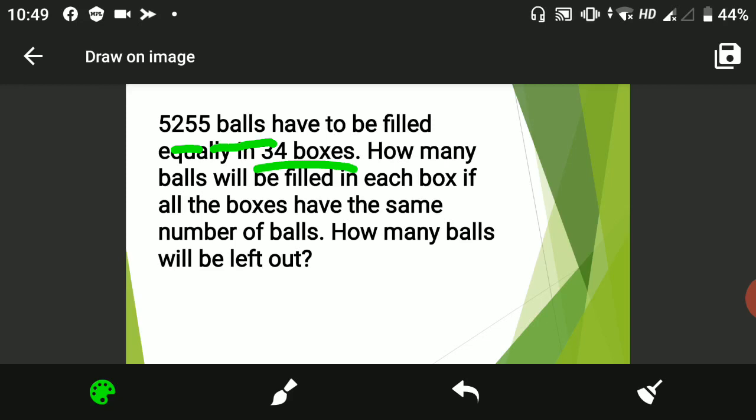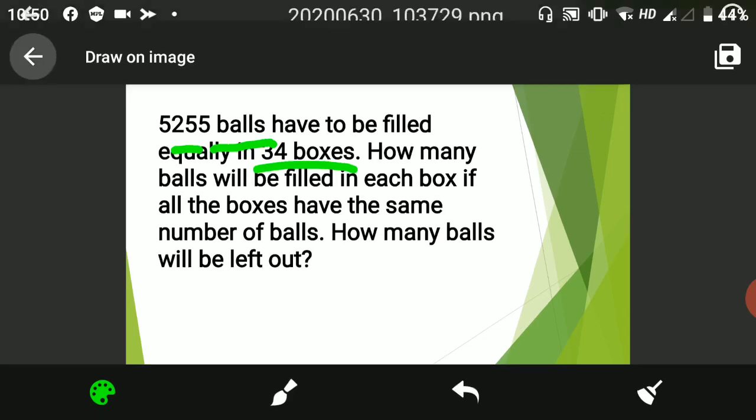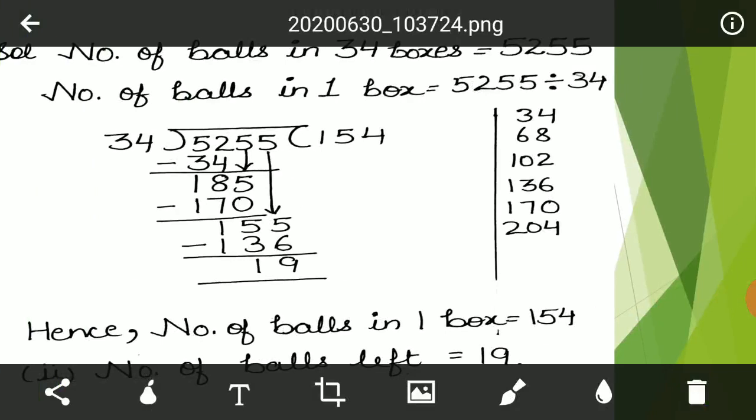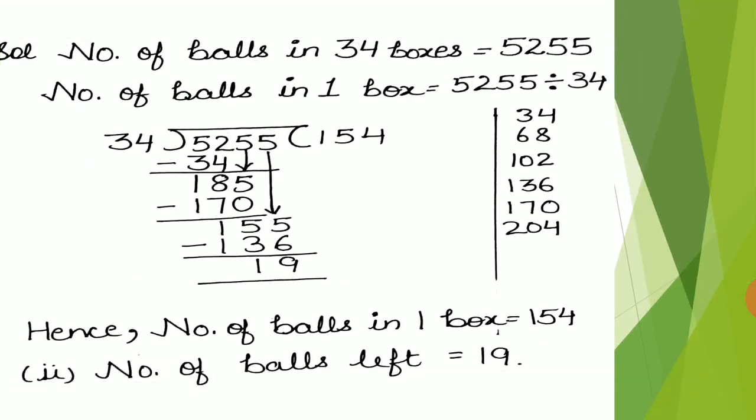Number of balls in one box will be equal to 5255 divided by 34. See. Number of balls in 34 boxes is equal to 5255. Number of balls in one box equals 5255 divided by 34.